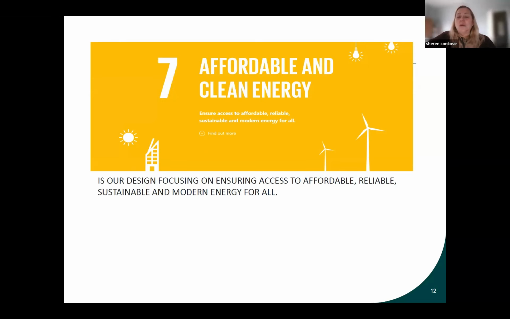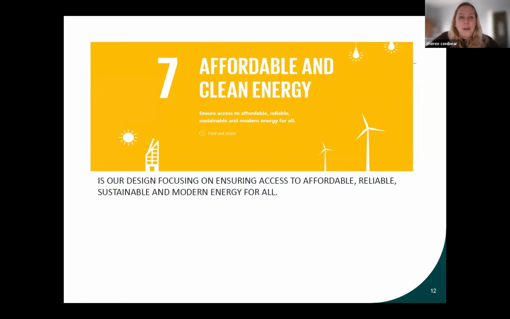But for our design, we want to think about the main focus of making sure that our design focuses on affordability, reliability, sustainability, so everyone has more affordable access to clean energy. And that almost drags other SDGs behind it, because those who can't afford are people who are poor.